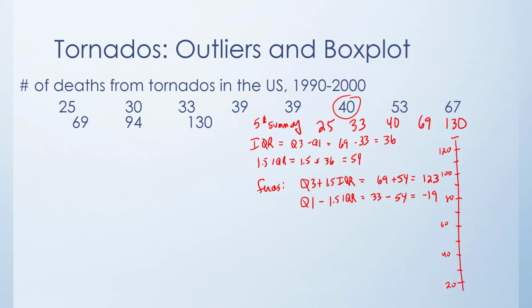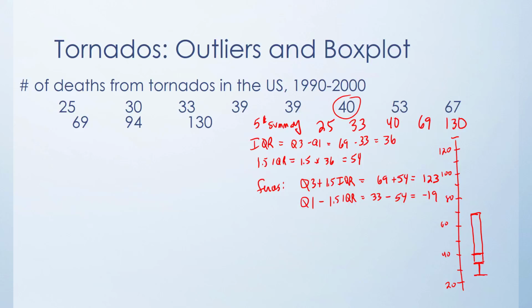Our lower fence is negative 19, which is well below our lowest data value. So 25 is not an outlier, and we draw our whisker to there. We've got our Q1, which is 33, about here. Our median, which was 40. Our Q3, which was 69, about here.